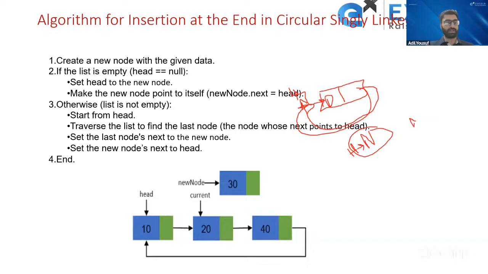For example, if you have a circular linked list with many nodes, I have this node, there is another node. How do we define the end of the circular linked list?